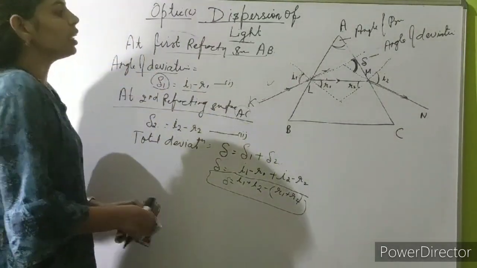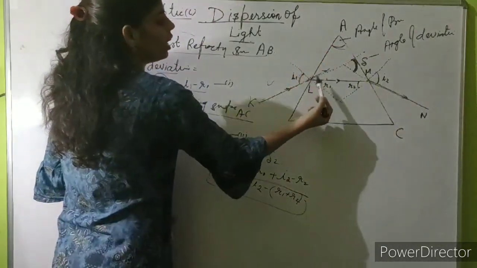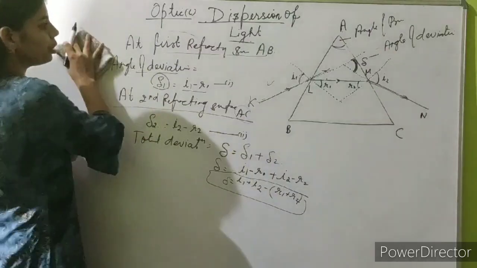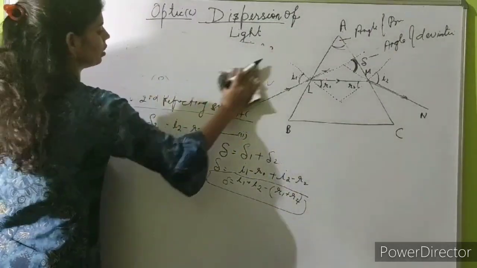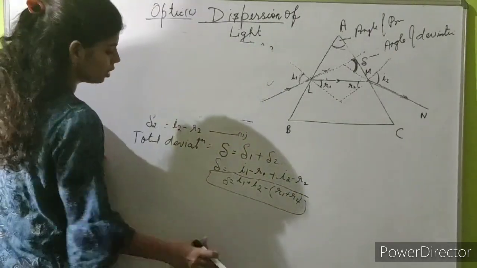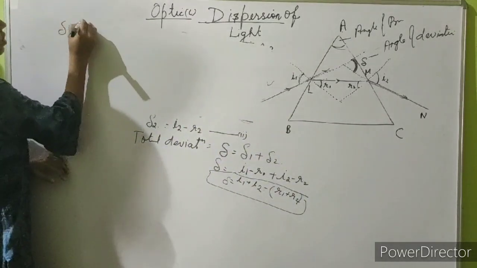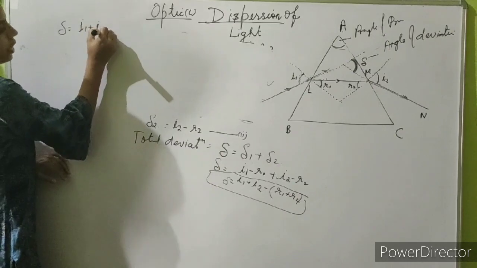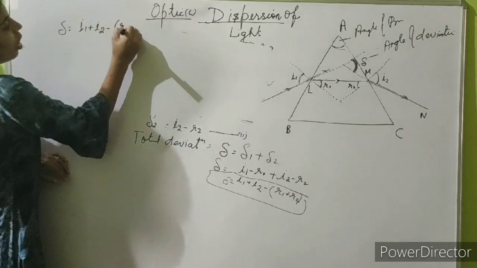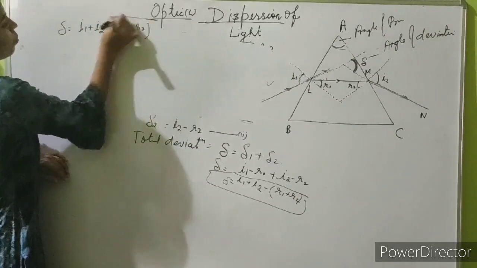Now we will take the triangle ALM. I'm rubbing all these things and writing this result at this place. Delta is equal to I1 plus I2 minus (R1 plus R2).